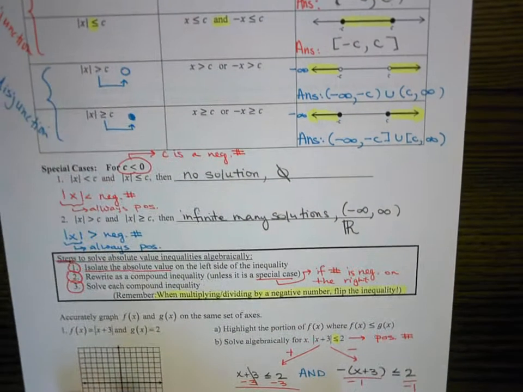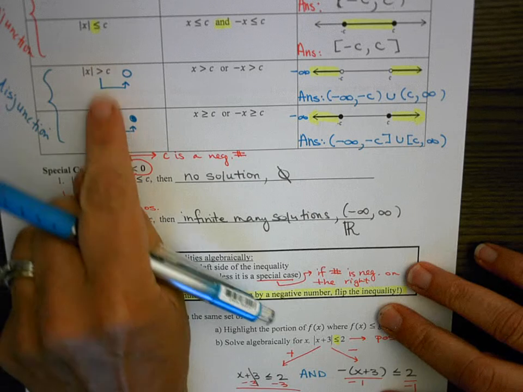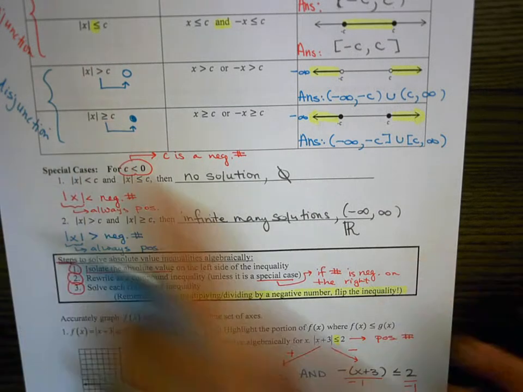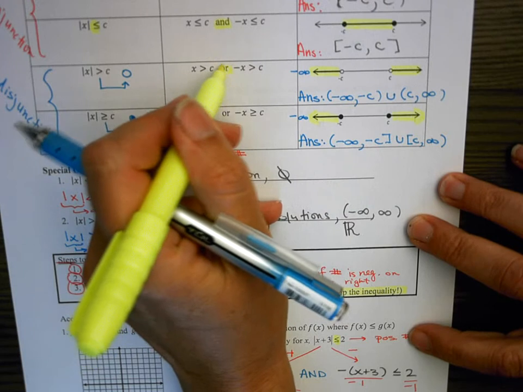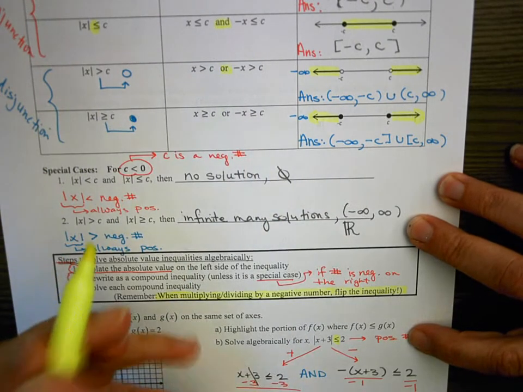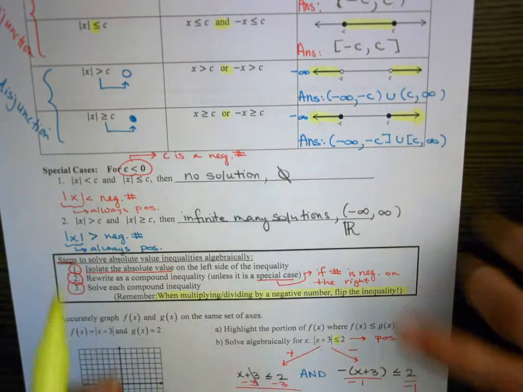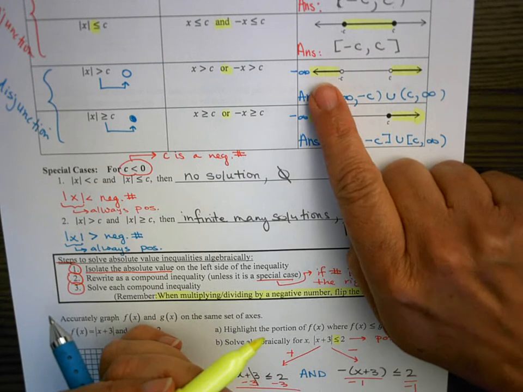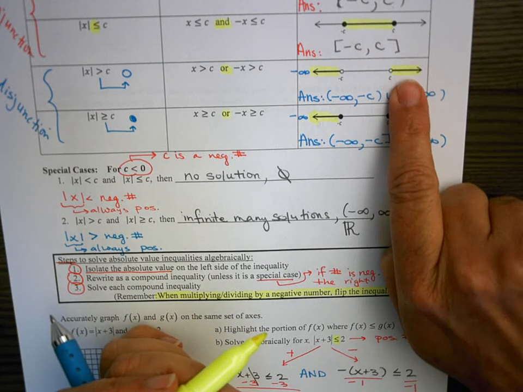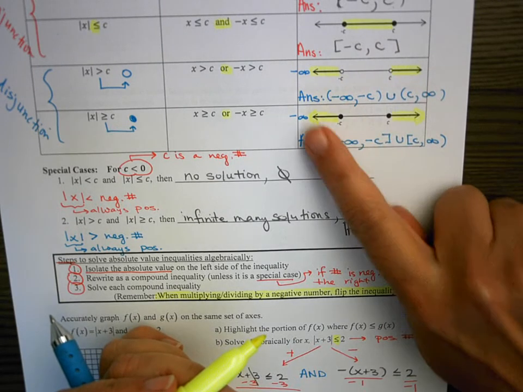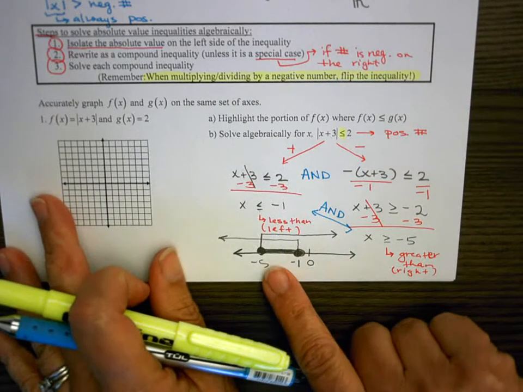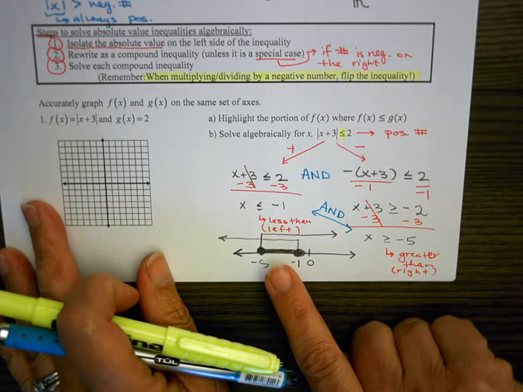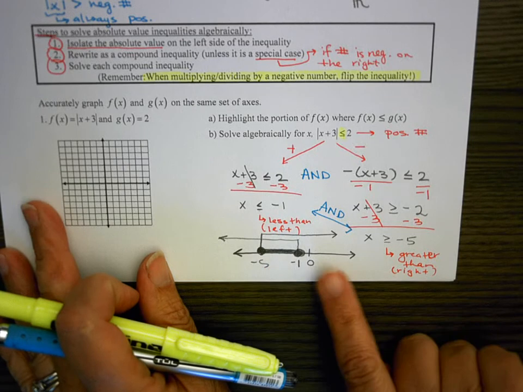Versus if it was the other way, see how it's greater, then I'm looking for or. So like when is it going to be greater than c, or it could be -x greater than c. And so that or statement means it can either be this highlighted section or this highlighted section, and there will be no overlapping. Whereas up here, they do overlap, and we're looking for the solution of when they overlap because both have to be true, okay?